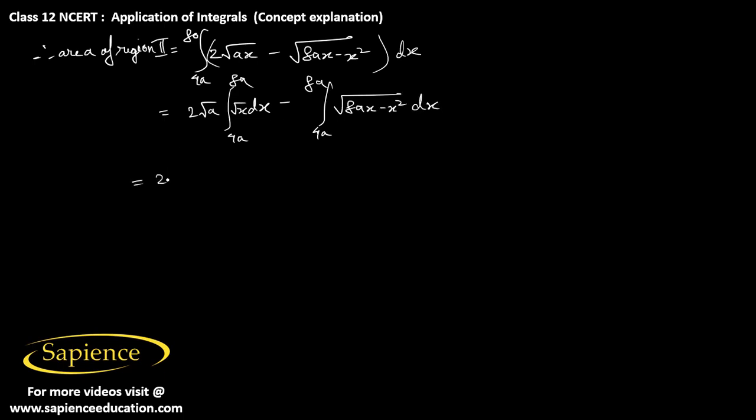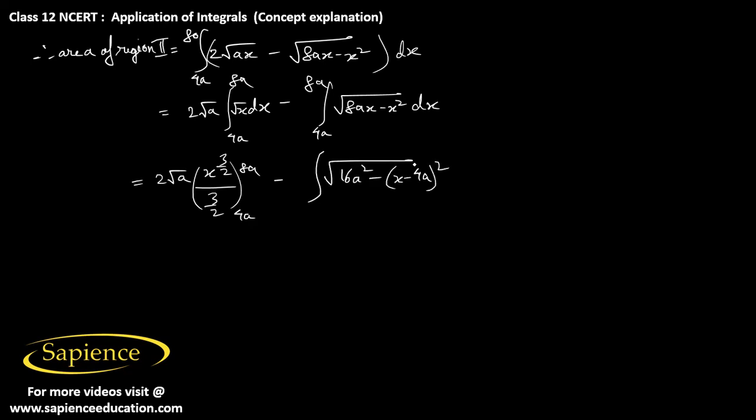So this will be equal to 2 root a, then this will be x to the power 3 by 2 by 3 by 2, and it will go from 4a to 8a, minus, we can write this as integral of root over 16a² minus x minus 4a whole square, from 4a to 8a dx.